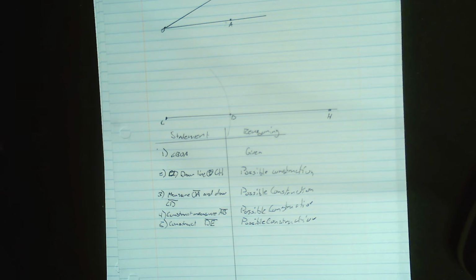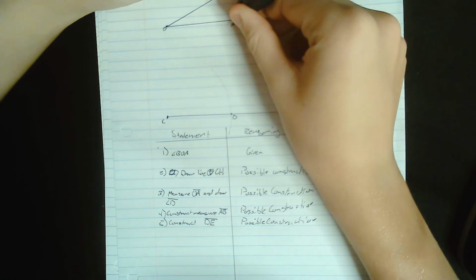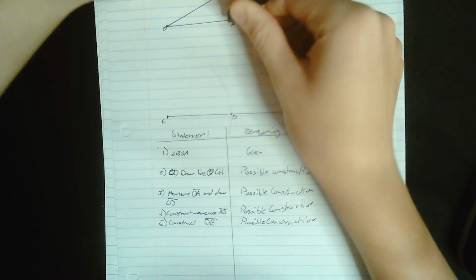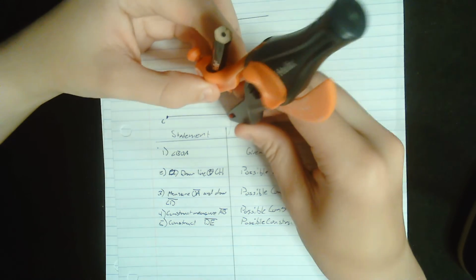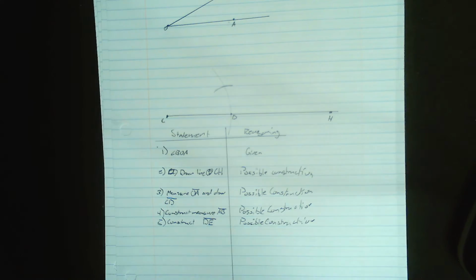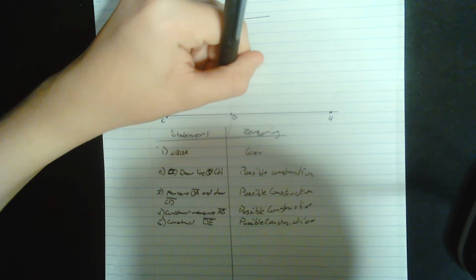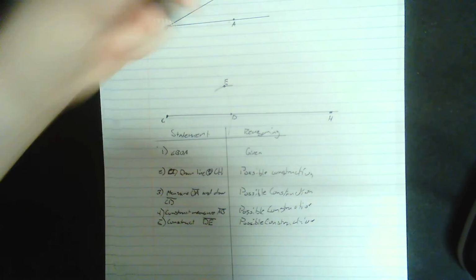So what that means is that now that we have the distance between A and B, which I was actually a little short on, we put it on point D, and we do that. That's what that means. We construct point E. So we put the point, and that's point E.